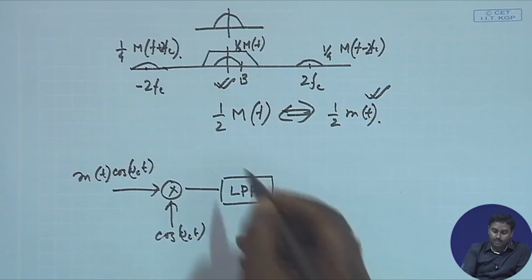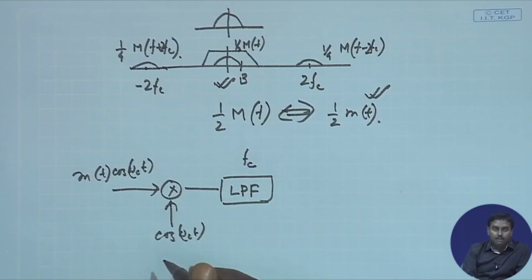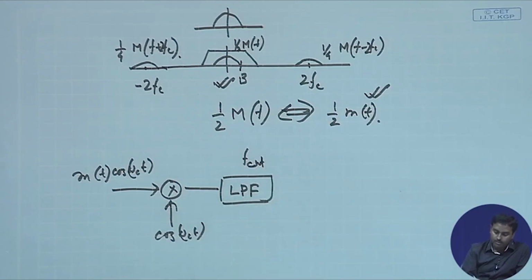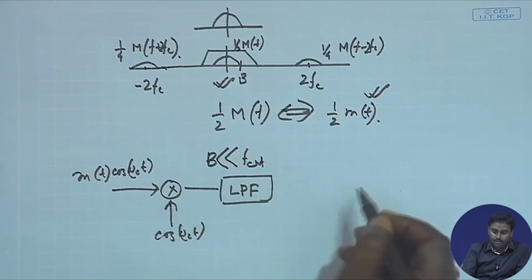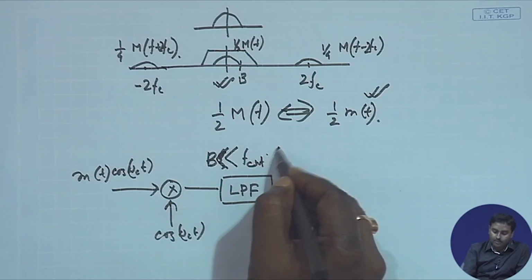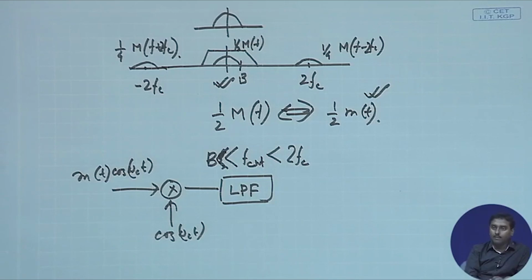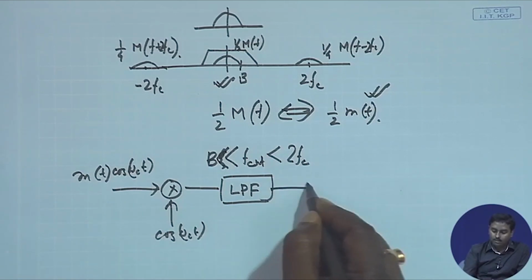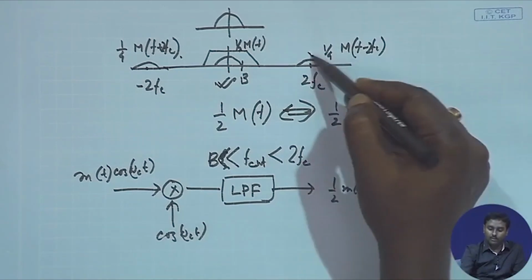The cutoff frequency must be bigger than B, we should not say much bigger than B, but it must be lesser than this 2 fc at least. As long as I am doing that, I will be getting my signal half m(t) over here, because this part will be rejected.